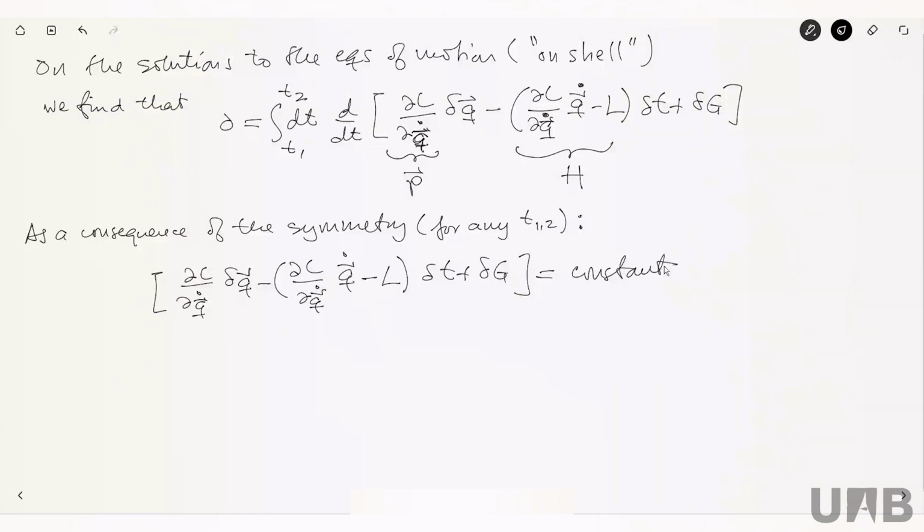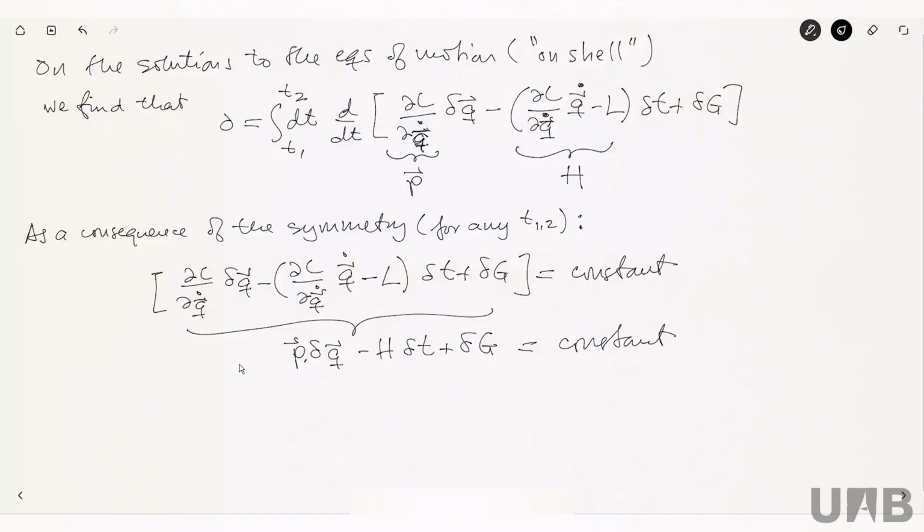So one way to remember this is to write it as p delta q minus H delta t plus delta g equals constant. Even though we are using all the time a Lagrangian formulation, which means that everything in here is written in terms of q and q dot, with nothing written in terms of p, we could always write it like this if we wanted to. We are still in a Lagrangian formulation, talking about the invariance of the action as an integral dt of the Lagrangian.